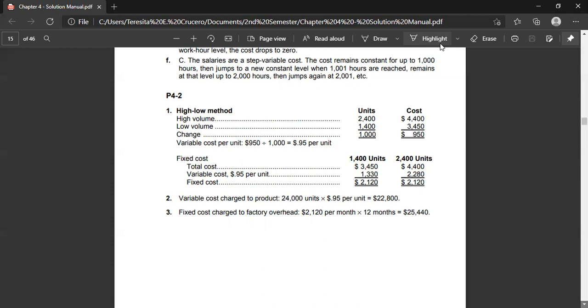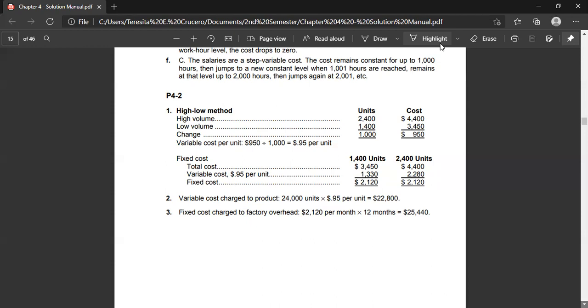Finally, we divide $950 by 1,000 units. So the variable cost per unit is 0.95 cents.